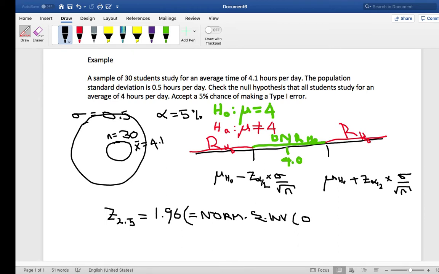Remember, Excel wants all the area to the left, so if the area to the right is 2.5%, the area to the left is going to be 0.975.